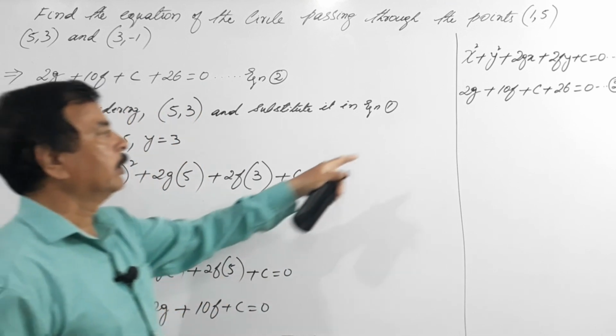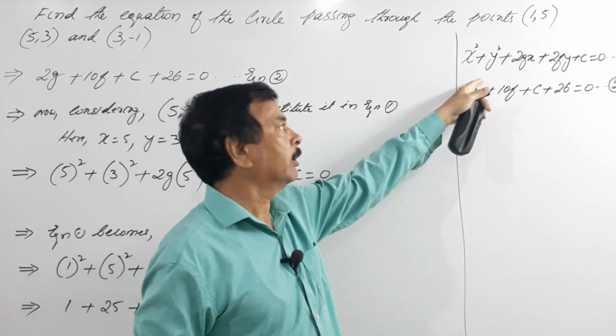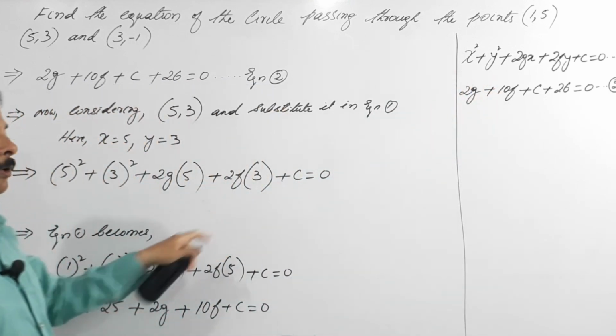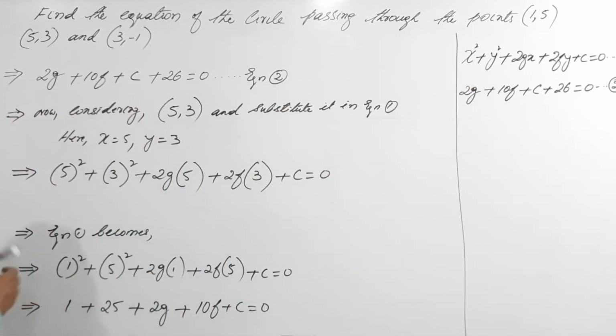So I have used equation 1 and substituted x equals 5, y equals 3, and this is what we have got. So let's simplify this.